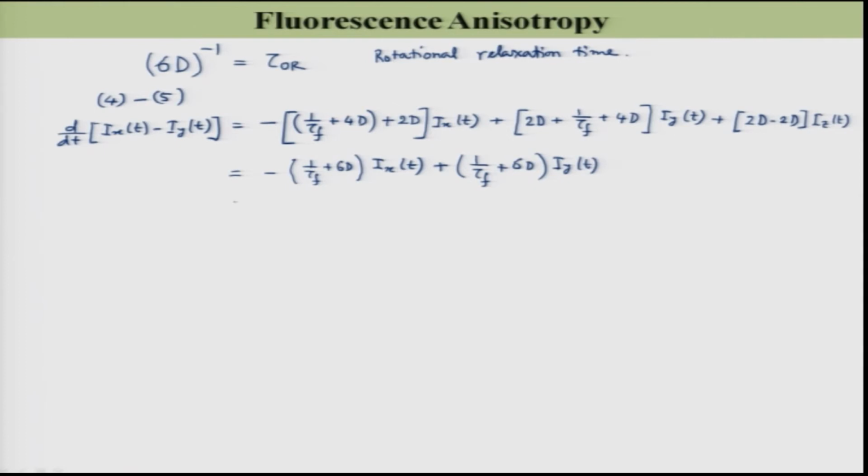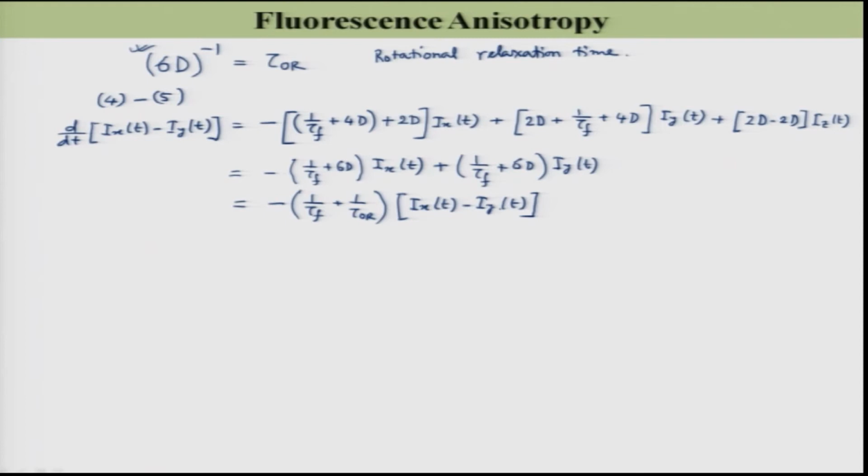So, then this will be equal to minus (1 over tau_f plus 1 over tau_r). See here this relation, this I took outside. So, then this is equal to I_x(t) minus I_y(t).